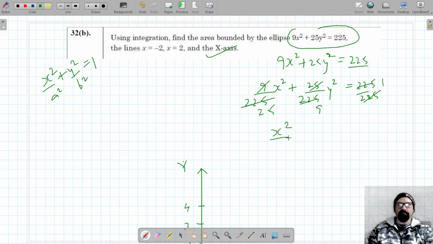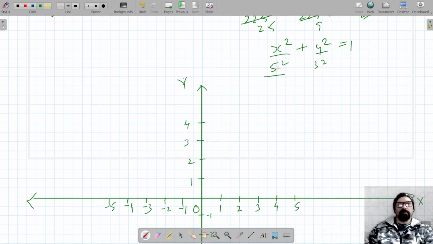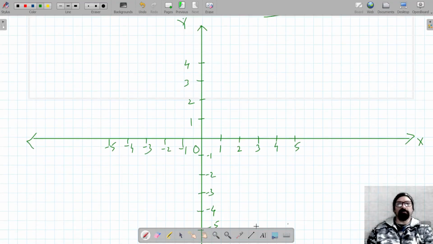So this is x²/5² + y²/9, which is 3², = 1.